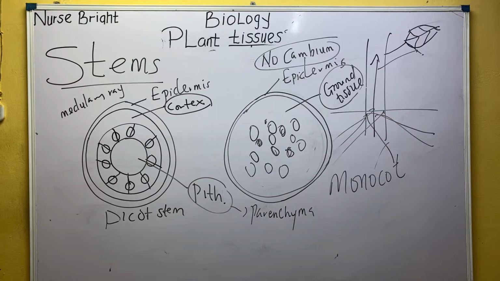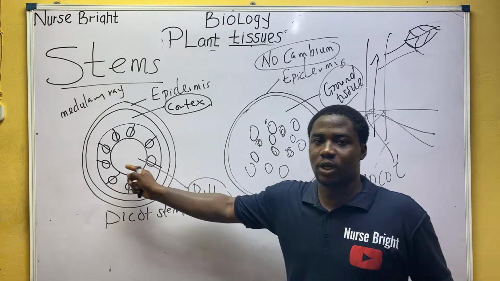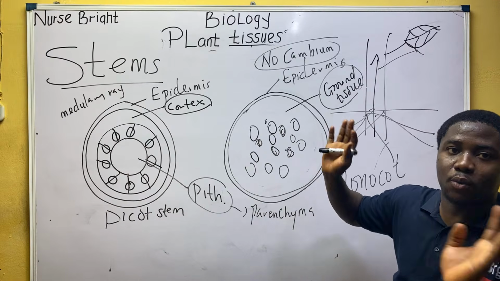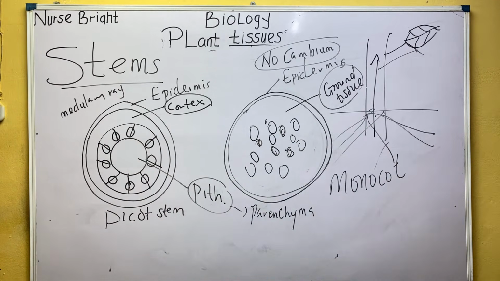And the pith is not distinct. In a dicot, the pith is clear, the cortex, everything is clear.